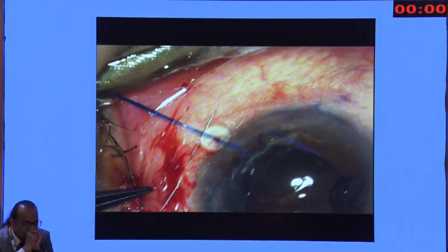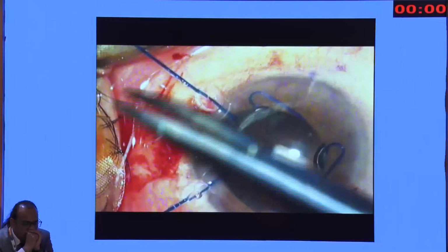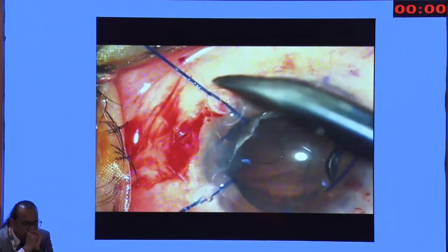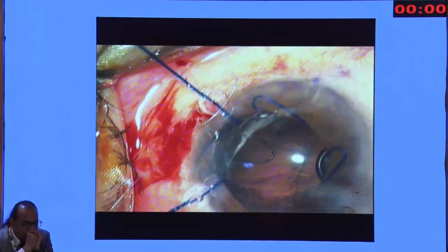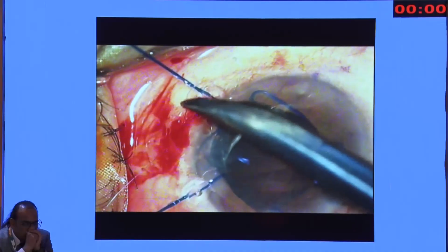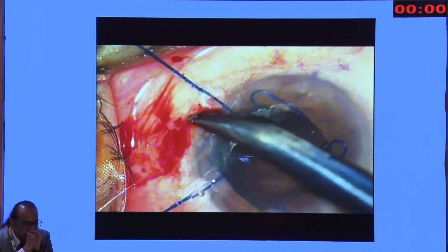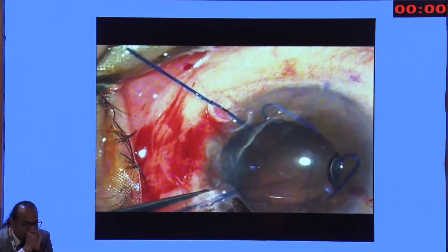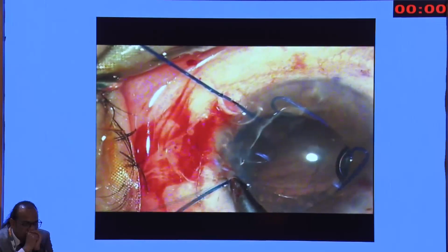Tightening of the suture pulls the bag into its physiological position and stabilizes the bag perfectly. The hooks are now removed.